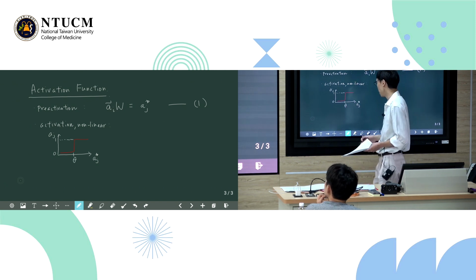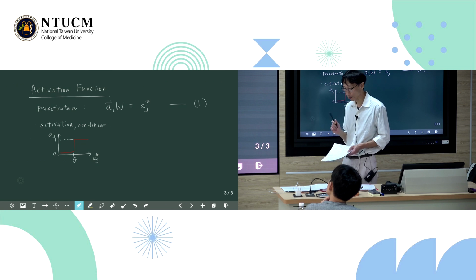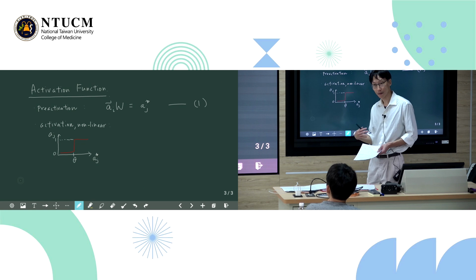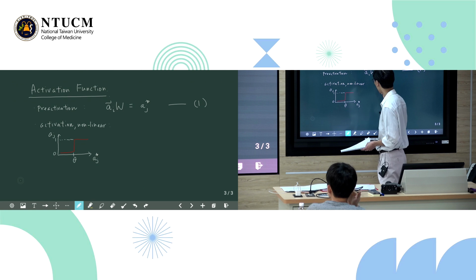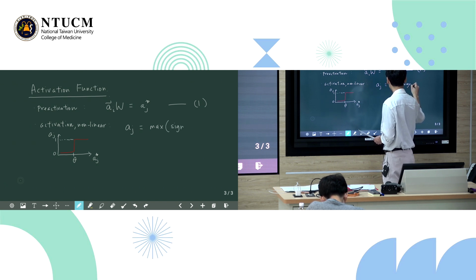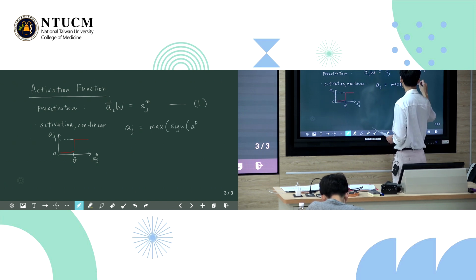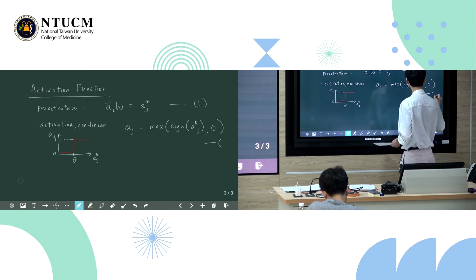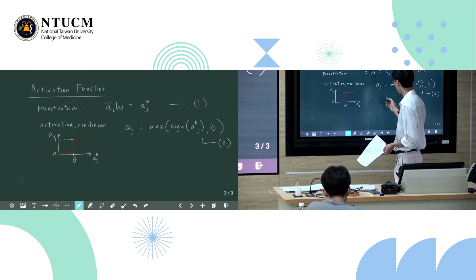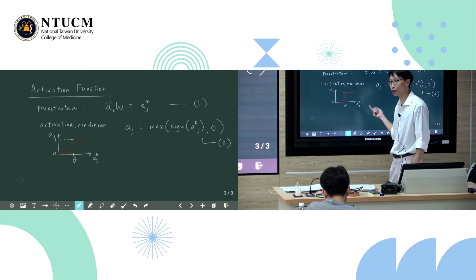So in other words, the activation function output AJ is 0 when AJ star is less than some theta value, and it becomes exactly 1 when it is above the theta value. To achieve this, we basically do the sine of AJ star, the maximum of it, or 0. Call this equation 2.